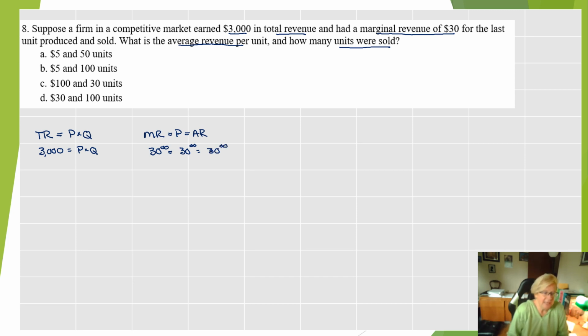If we take the information about marginal revenue and put it in for price, we get total revenue of $3,000 is equal to $30 times quantity.